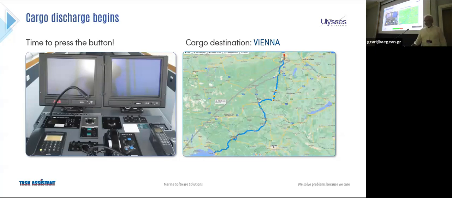So when you press the button on the form that it's okay, and then you press the button for the cargo pumps to start, this cargo is going to Vienna from Trieste. So you can imagine that that process is not just a simple approved plan. It's approved plan to send cargo to Vienna, and there's 100 stages in between. Some of those might bite you where it hurts if you haven't thought about it and if you're not well prepared. That's a workflow step, though. It's just the same as the one that says complete form.